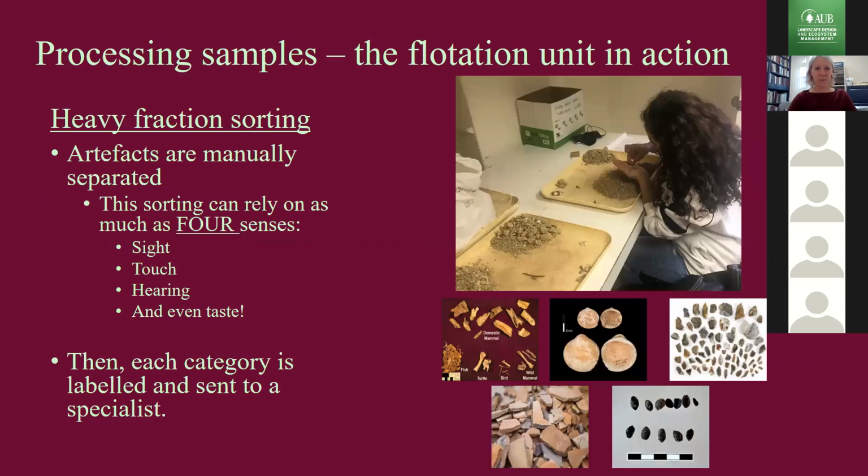Heavy fraction sorting is done manually, as I said, and it actually relies on as much as four senses: obviously on how the things look and how they feel in our hands, how they even sound when you drop them on the tray, and even how they taste on the tongue.